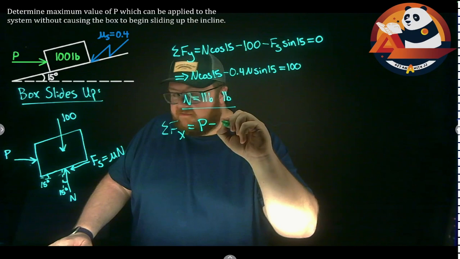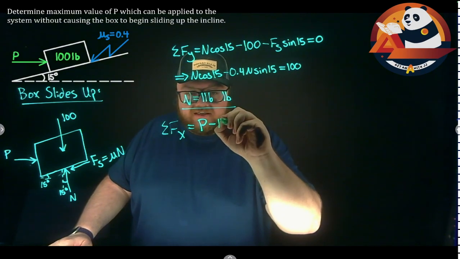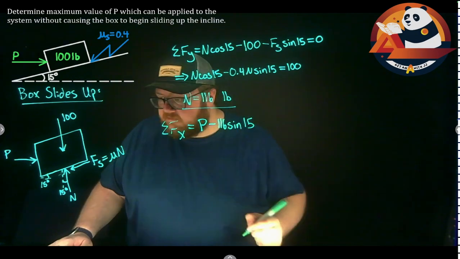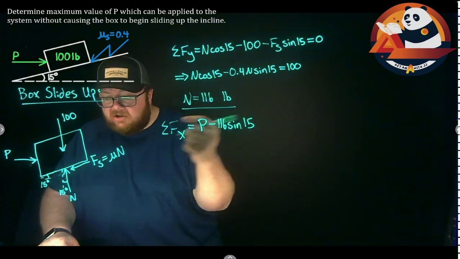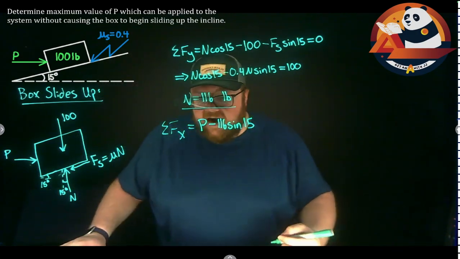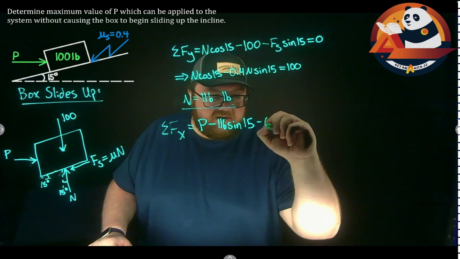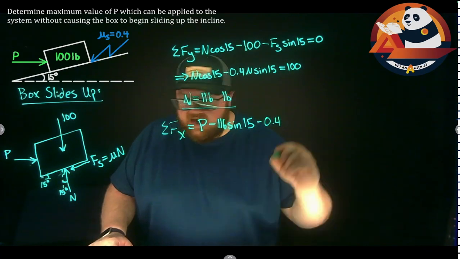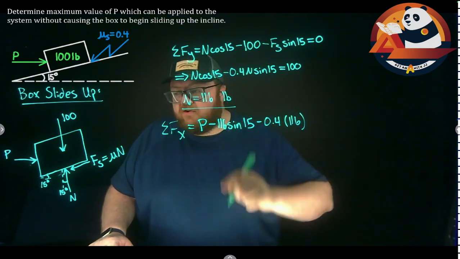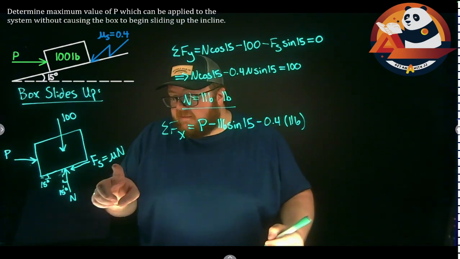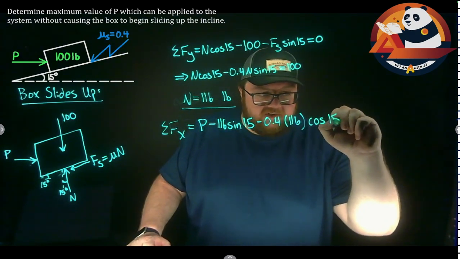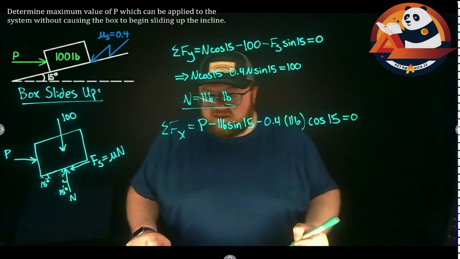I'm going to subtract that off. Minus N, 116, times the sine of 15. And then finally, my friction also points to the left, which let's make that mu N substitution as we set this up. Minus our friction, minus 0.4 times N, 116. Mu times our normal force is the friction force, times, I'm at an angle here, I want the cosine of 15. Cosine 15 is going to get us to 0.